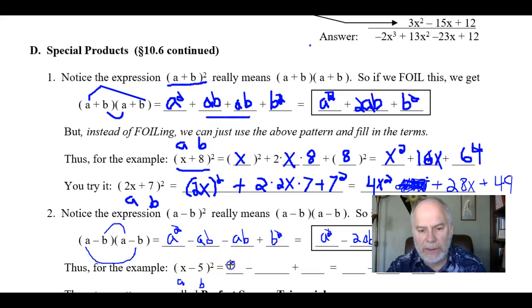So that would give us x squared and then, I'm sorry, minus 2ab. So I'm going to put 2 and then a, which is x, and b, which is 5. Okay. And then plus 5 squared.